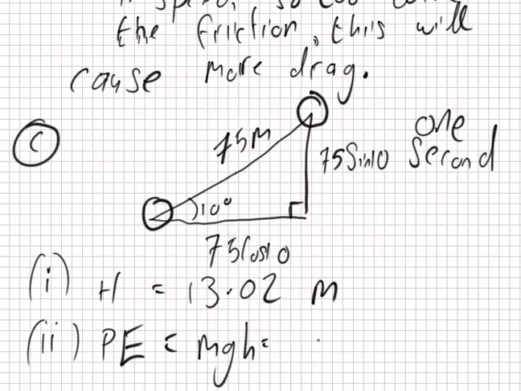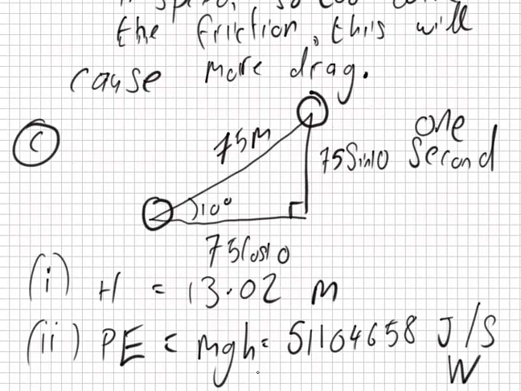What's the mass of this plane? 400,000 kilograms. So I got 511.04658 joules per second. Because remember, this is for 1 second. What's joules per second?